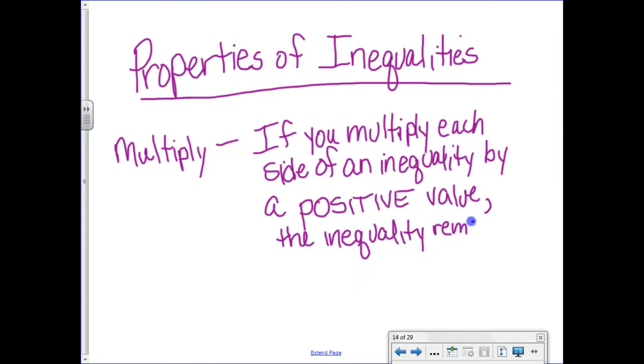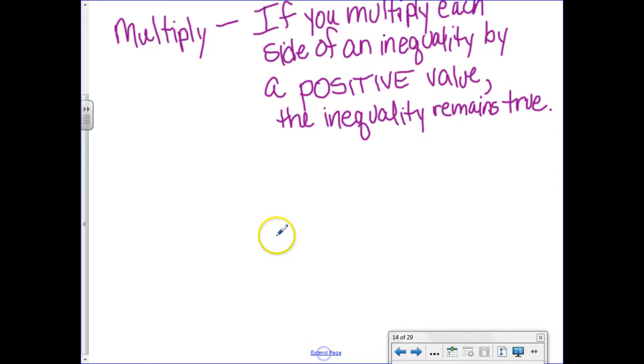In other words, the sign stays the same relationship that you started with. If it was less than, it stays less than. Okay? However, there's a little exception or an addition to this situation.